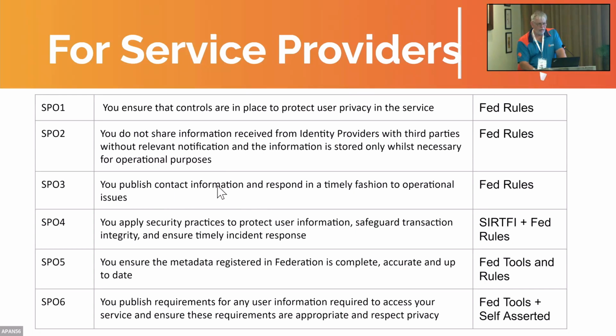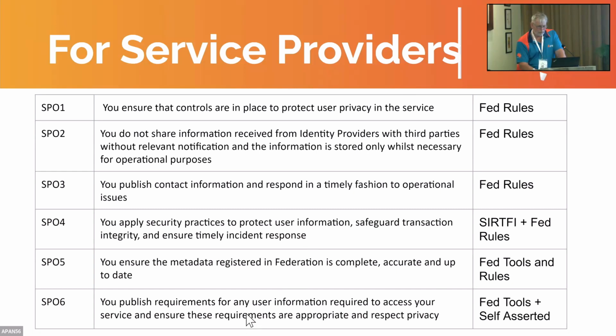You'll publish contact information and respond in a timely fashion to operational issues. Again, our Federation rules there. You apply security patches or practices to protect user information. This is pretty much the same as IDPs. And again, certify Federation rules to deal with that one. The next one's about your metadata. So we have our rules and our federation tools to cover that.